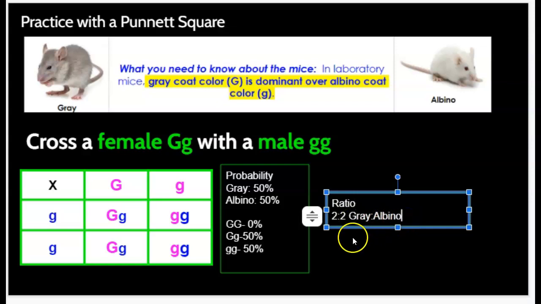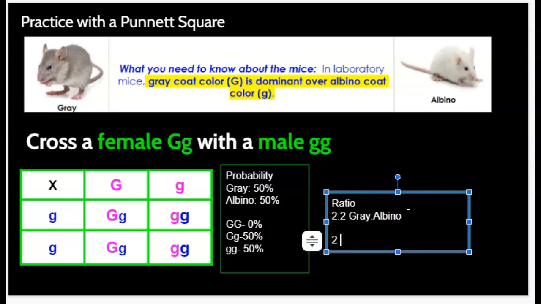We also have, I can type this here, 2 heterozygous to 2 homozygous for the recessive trait, for the genotype. So that's how you use a Punnett square. Punnett squares are used to find the probability that when crossing two parents during fertilization, a certain trait will show. Now it's your turn.